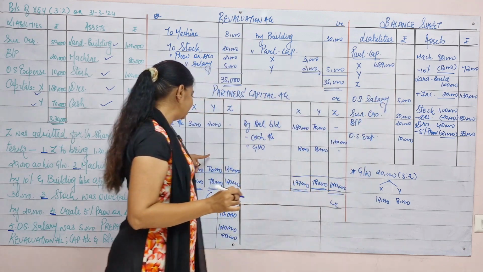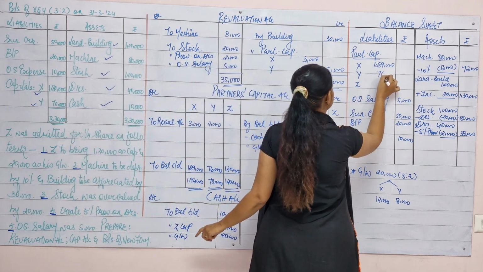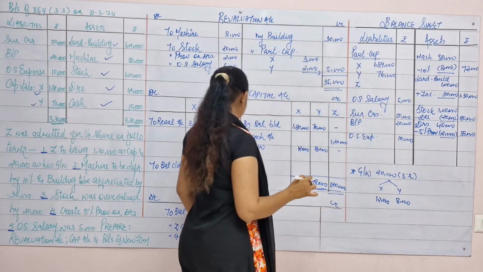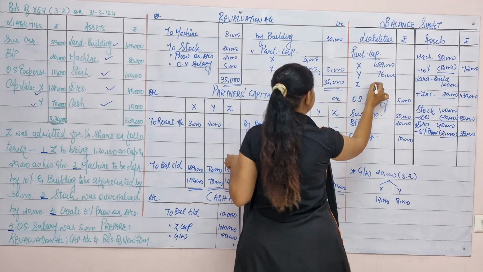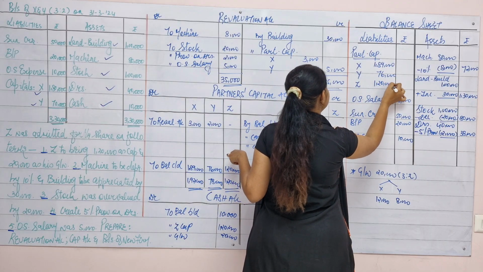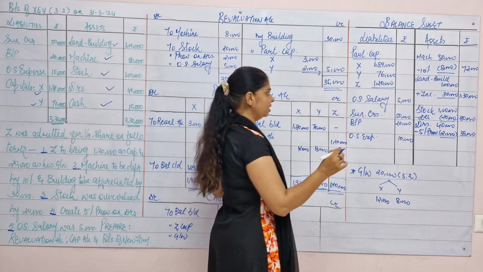Y is having a balance of 76. So in front of Y you will write 76 and Z is having 1,20,000 की balance. So in front of Z you will write 1,20,000. जो भी इन तीनों का टोटल है, place it in the outer column.